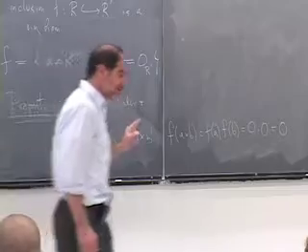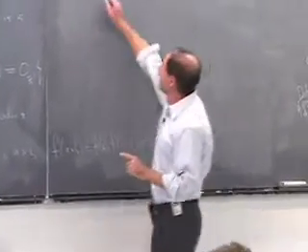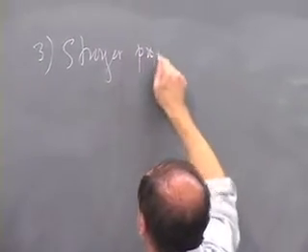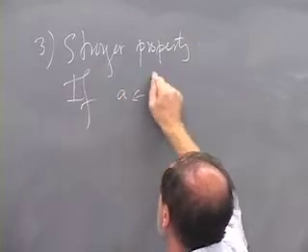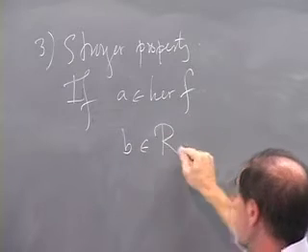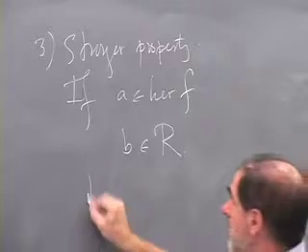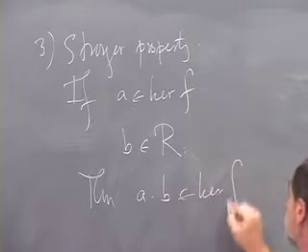Okay, but the cool thing is that there's an additional, stronger property. If a is in the kernel of f, and b is any element of the ring, not an element in the kernel, but any element in the ring, then a times b is in the kernel of f.